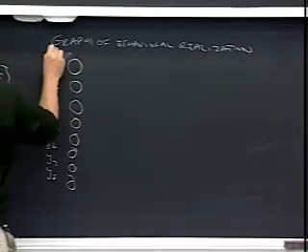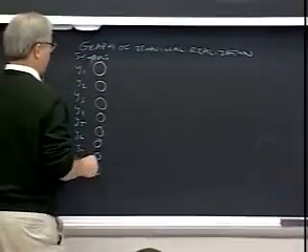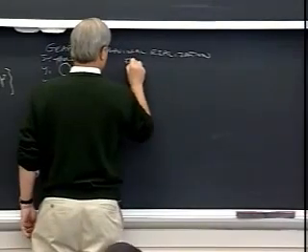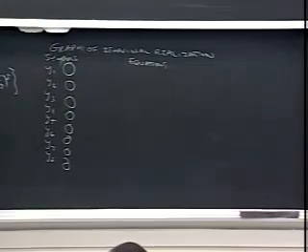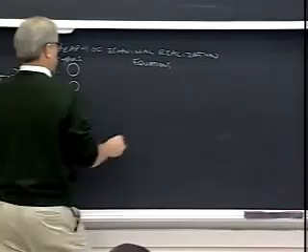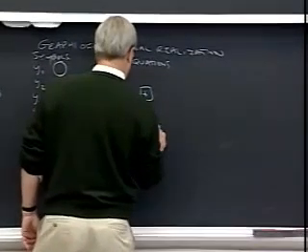Okay? So here we have symbols, and I'm going to make a bipartite graph, and over here I'm going to have equations or constraints or checks. Okay, and I have 4 checks, which I'm going to draw like this.